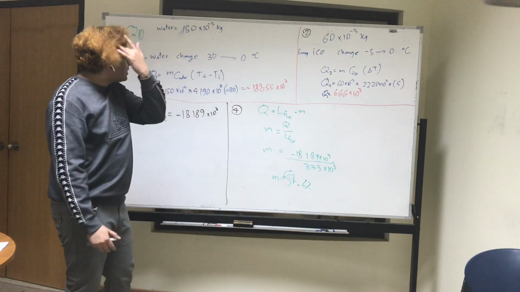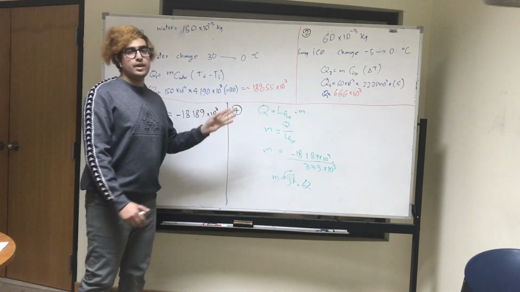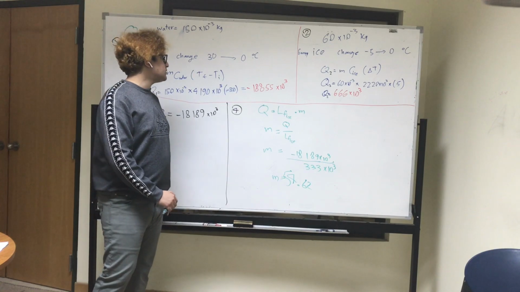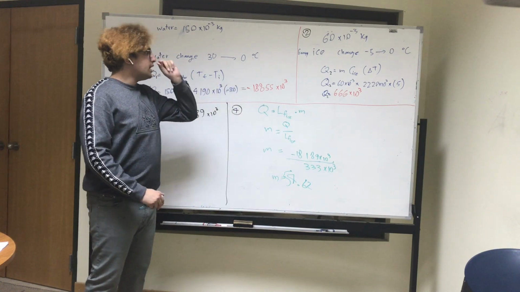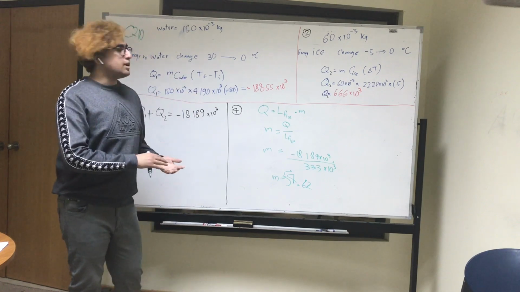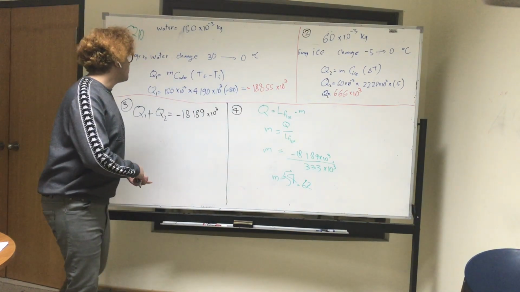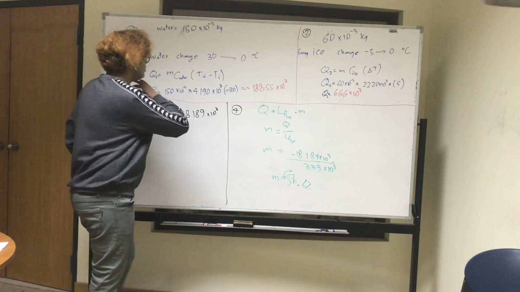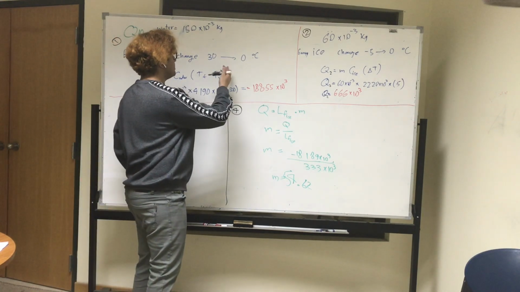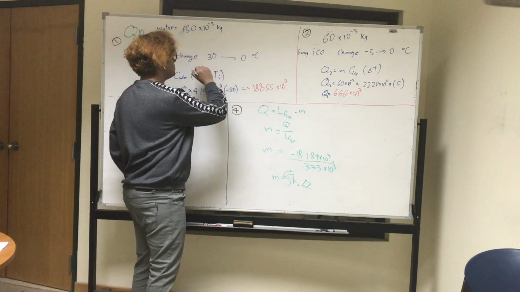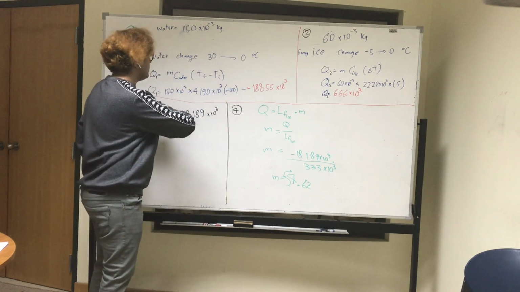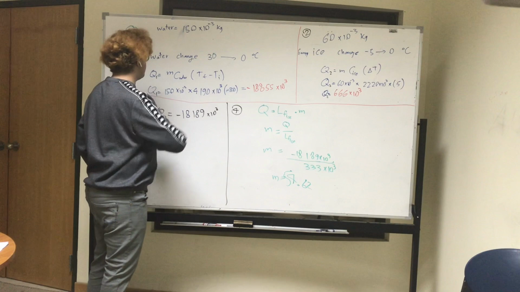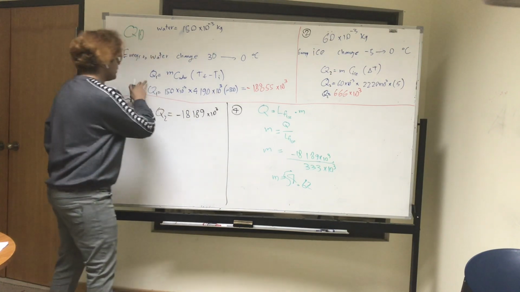So let's first assume that the equilibrium temperature between ice and water is going to be 0 degrees. Based on that assumption, we can solve the question. In order to calculate the amount of energy we take from water to turn it to 0 degrees Celsius, we use this equation.